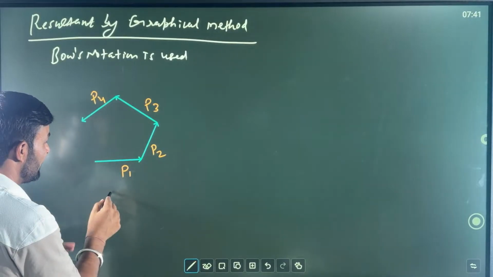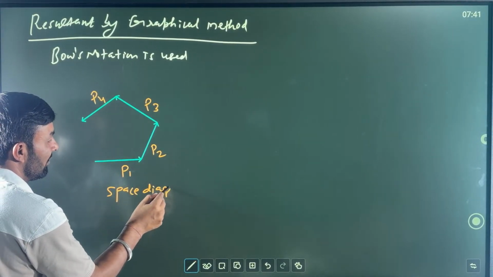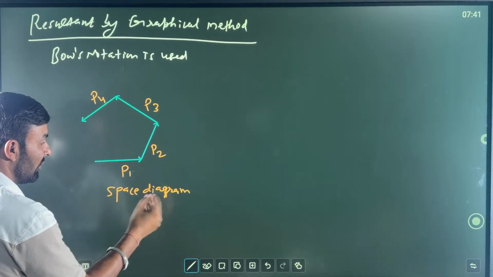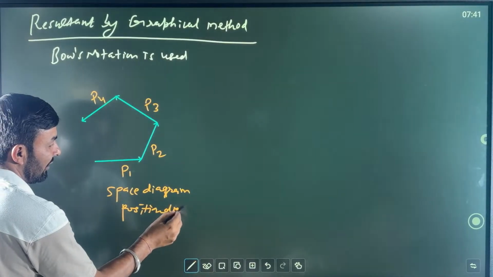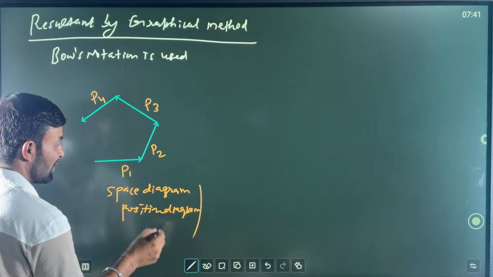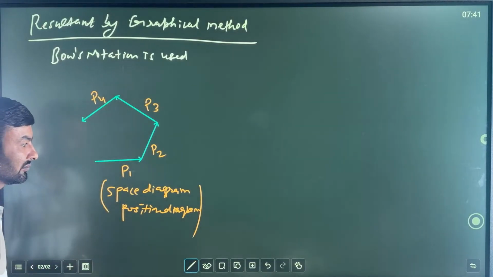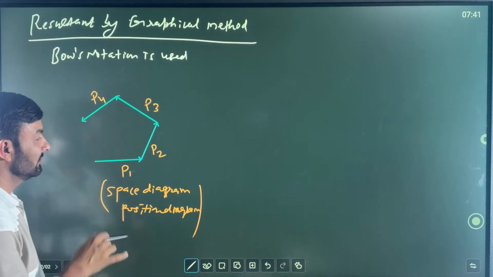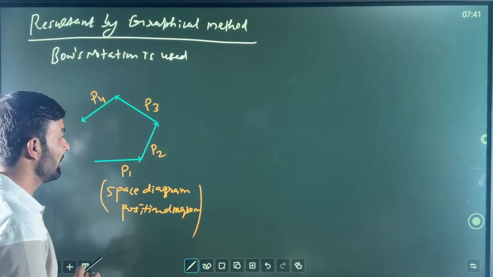So this is what? This is space diagram, my dear friend. Space diagram, or you can say configuration diagram or position diagram. Position diagram, my dear friends. Or you can say it space diagram, position diagram. It is given.